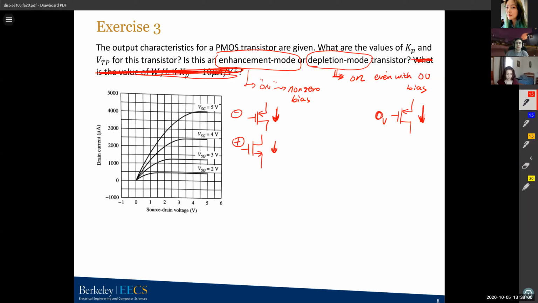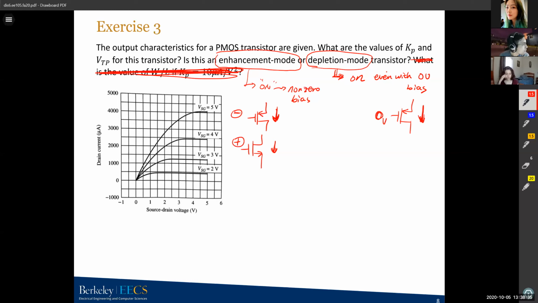So the turn-on voltages of these two MOSFETs are different. These are the definitions of enhancement mode and depletion mode. Depletion mode will have non-zero current even with 0 volts gate voltage, while enhancement mode will have a current only when the gate voltage is beyond a certain threshold.